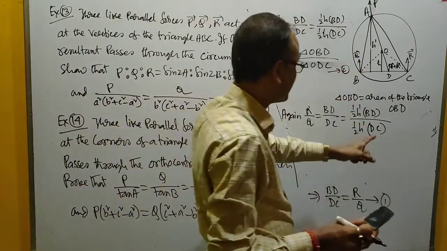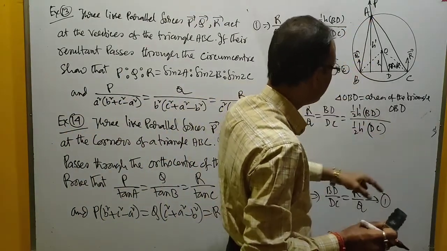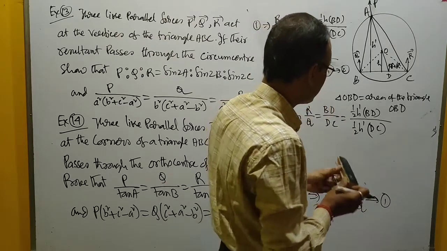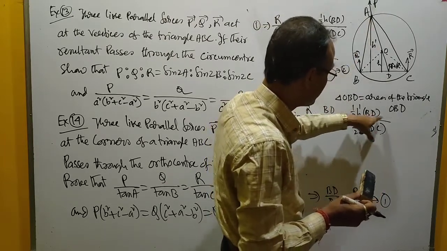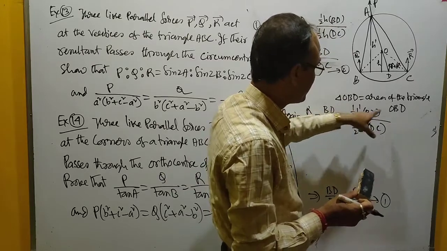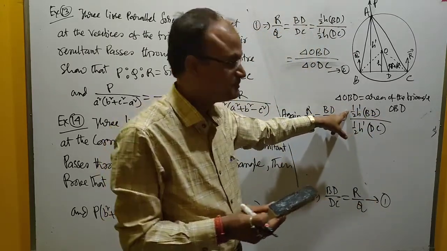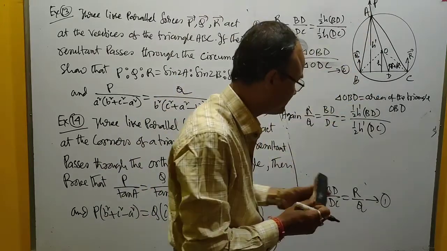Now, half of H dash into BD, what does it mean? It means that the numerator denotes the area of the triangle ABD.